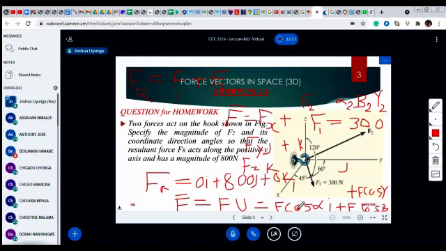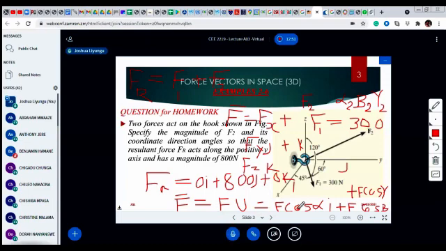What about F2? For F2, if you use the equation F2 is equal to the force F2 cos alpha 2 i plus F2 cos beta j plus F2 cos gamma 2 k, you are going to have a lot of unknowns because you don't know alpha 2, gamma 2, or beta 2.